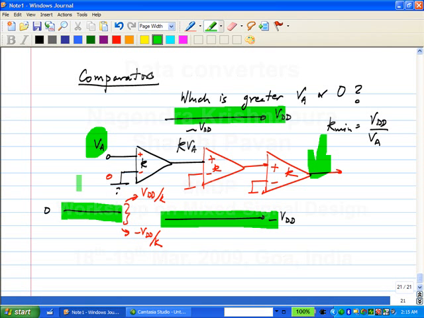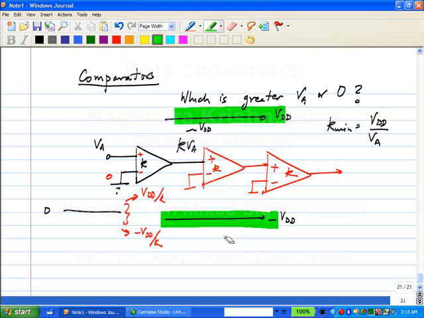If the output happens to be larger than VDD, it will get limited to VDD or to minus VDD as the case may be. Is that clear? Our problem only comes when the input is very small or very close to the threshold. The problem we have in resolution is only when the input is very close to the threshold.